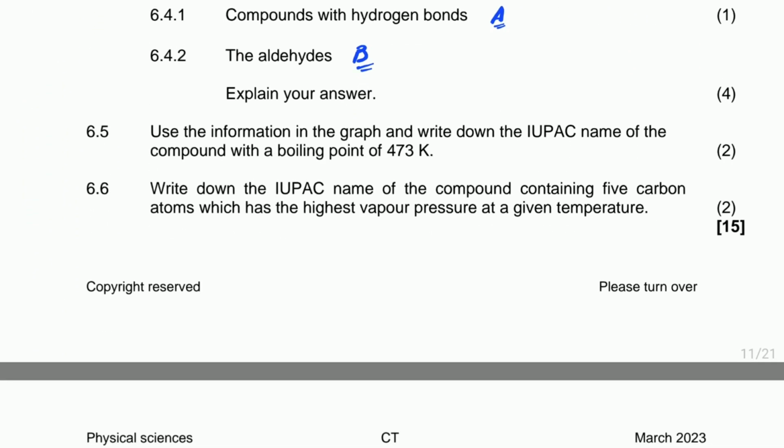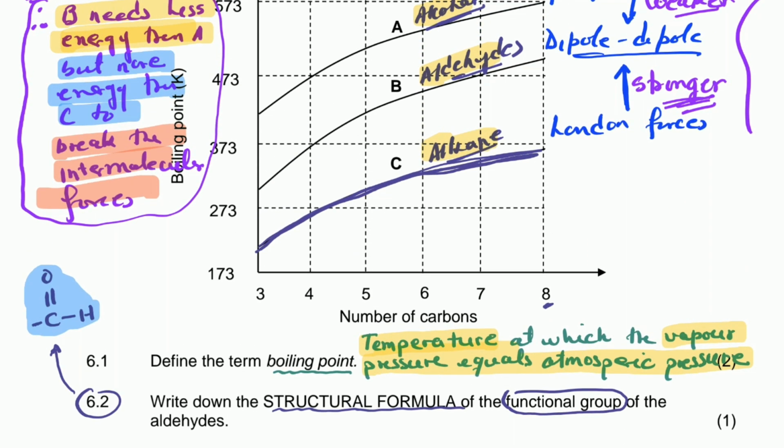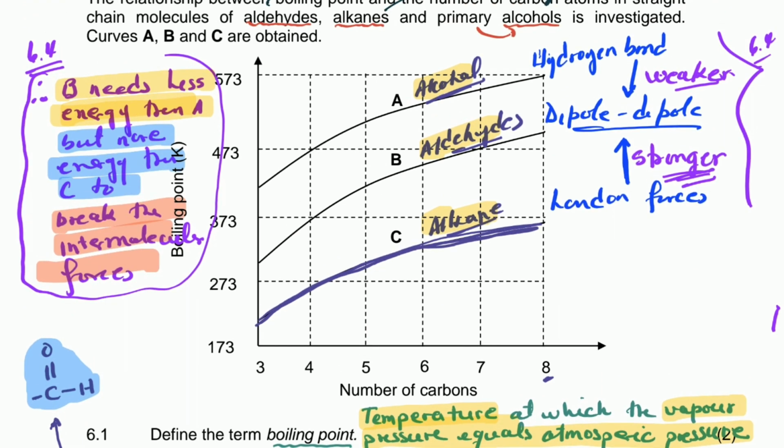Use the information in the graph and write down the IUPAC name of the compound with a boiling point of 473. We are at this point, the 473. So it's an alcohol that has 4 carbons.